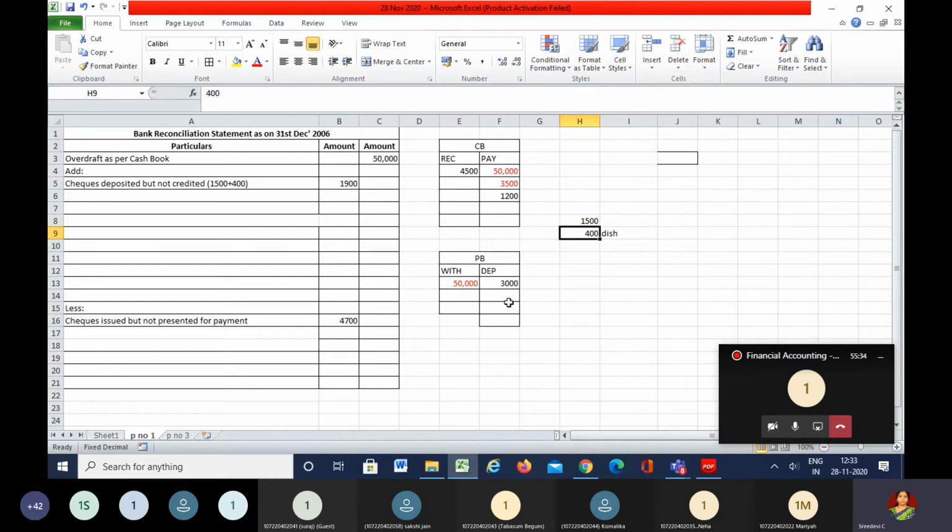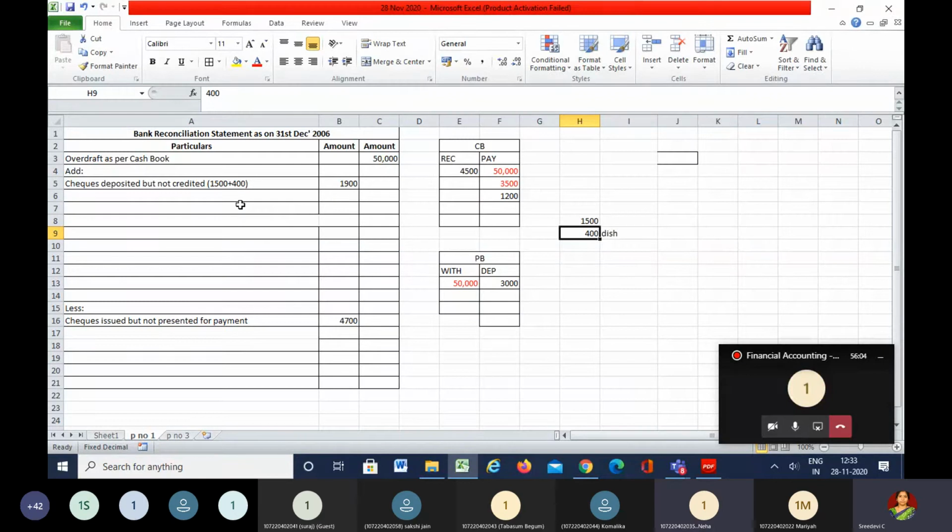If it has been dishonored, immediately we need to cancel it. But forget about all the cancellation. Whatever is happening after 31st of December is what is more important for us. So we should always go with the date here, right? Because of this, as there is a receipt, the cash book overdraft is less and the passbook overdraft is more. And the passbook OD is more by 1500 plus 400, that is 1900. This is what I discussed, Neha.